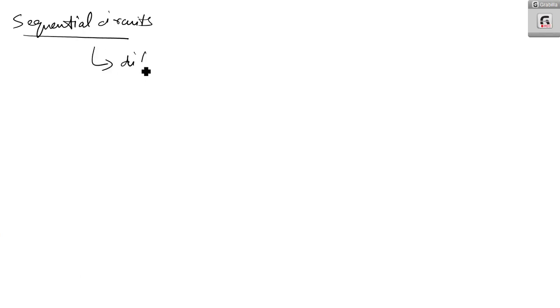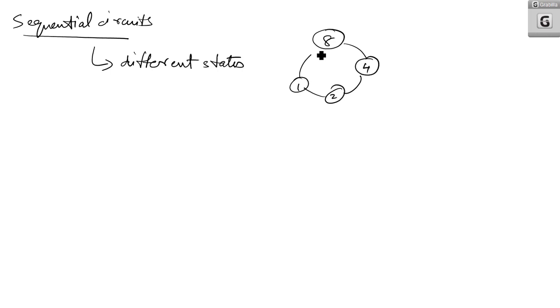So what is meant by sequential circuits? In sequential circuits, it will travel through different states. For example, if you are having a ring counter, it will travel through 8, 4, 2, 1 and 8.